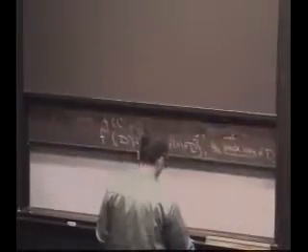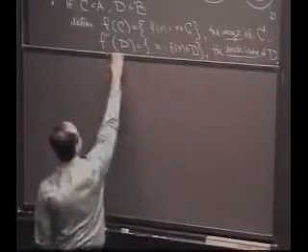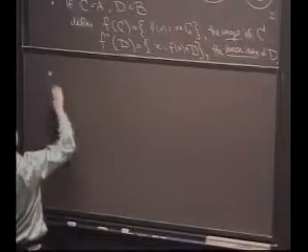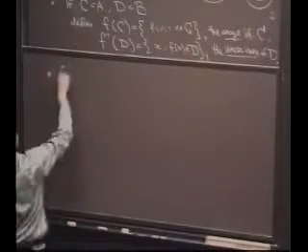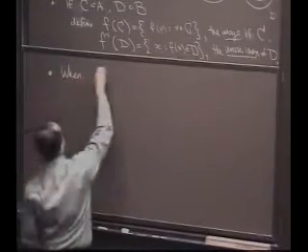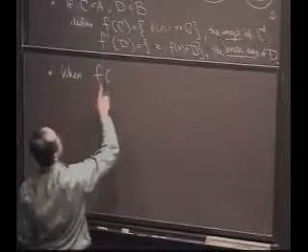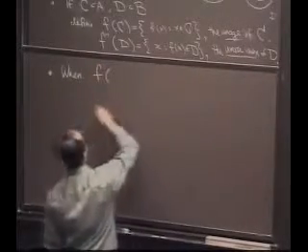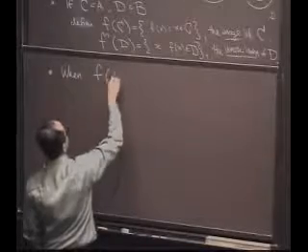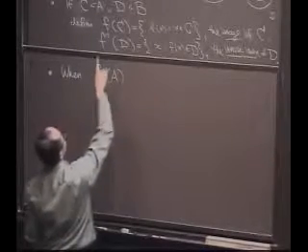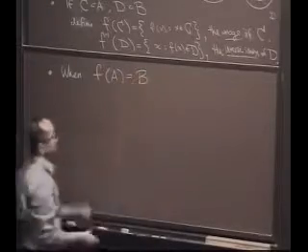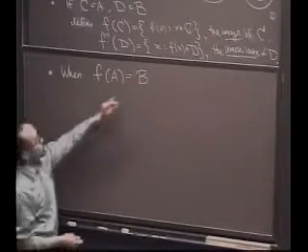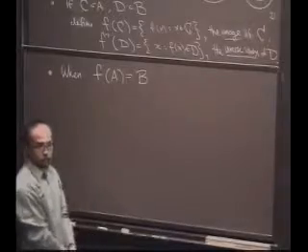So let's make some notation then, some definitions. There's a very special situation where, if you take the image of all of A, f of A, and it hits all of B, this is a situation where the codomain is the range of this function.